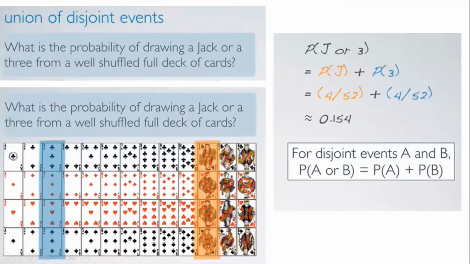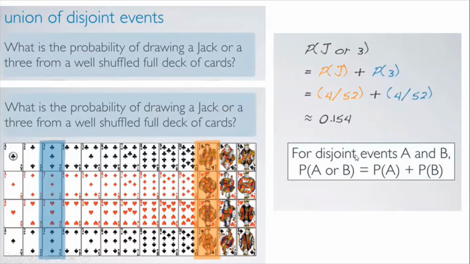There are 52 cards, and 4 cards are jacks and 4 cards are threes. So the probability of getting a jack is 4/52, and the probability of getting a three is 4/52, and they do not intersect, so we don't have to consider an intersecting part.